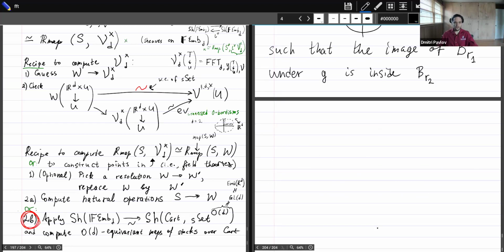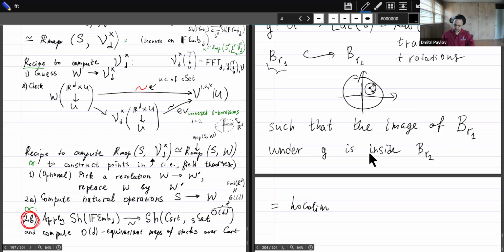Okay, so let's move on. I guess let me continue with this homotopic limit here. So it's a homotopic limit over this category that we just described.